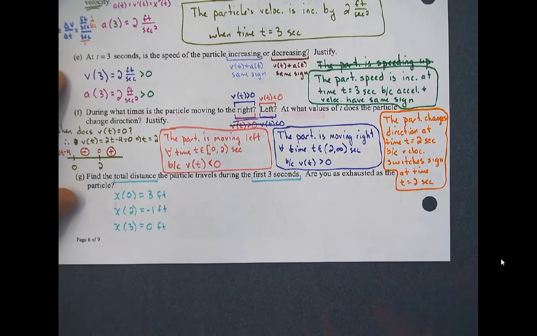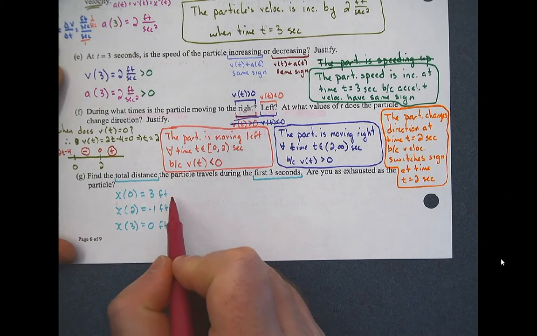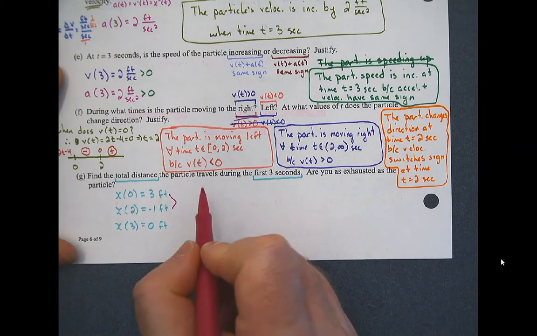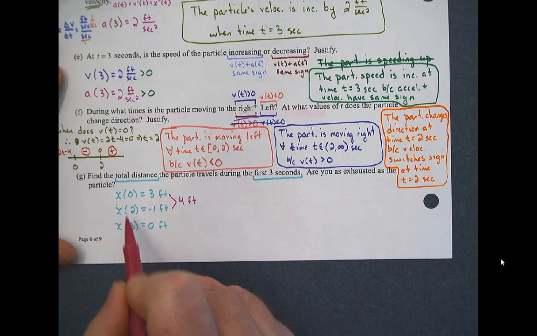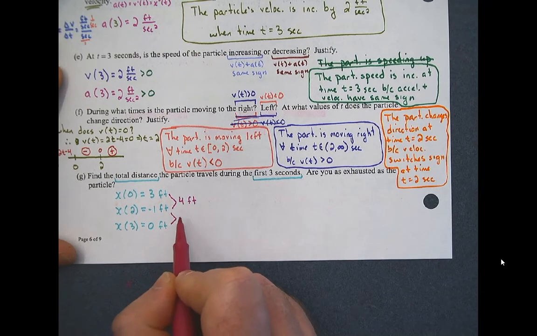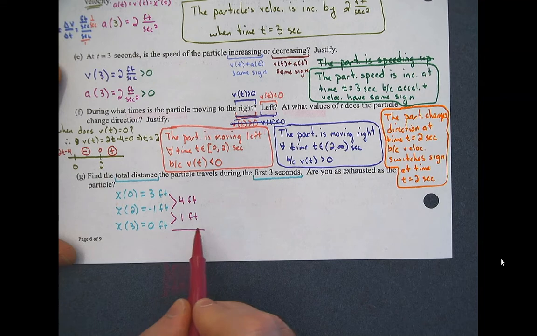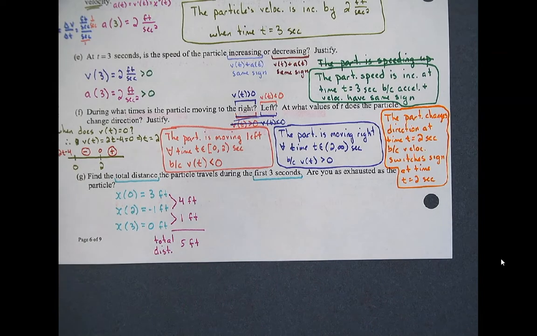So if I want to figure out the total distance traveled, I've got to figure out what happens in between each one of these. So from 0 seconds to 2 seconds, how far did we travel? We traveled 4 feet. Between 2 seconds and 3 seconds, how far did we travel? We traveled 1 foot. So then I would add those together and I would get a total distance of 5 feet.